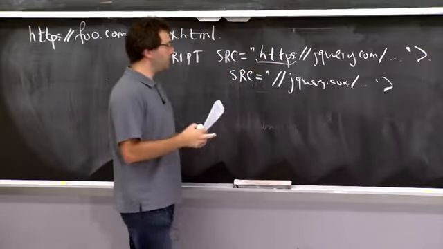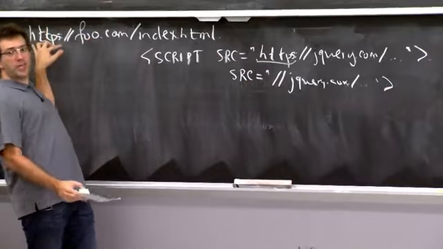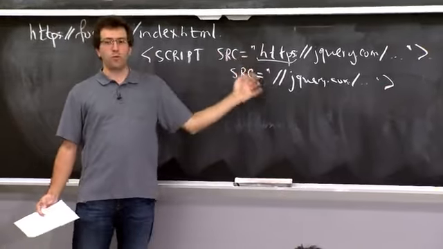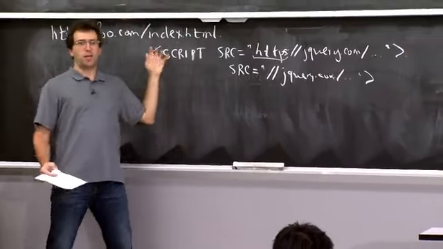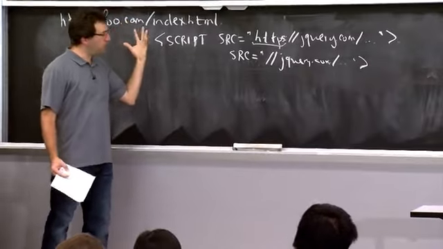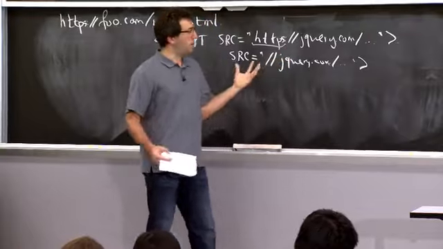And what this means is to use whatever URL scheme your own URL came from. So this tag will translate to HTTPS jquery.com if it's on an HTTPS page, and to regular HTTP jquery.com if it's on a non-HTTPS, just regular HTTP URL. So that's one way to avoid this problem.